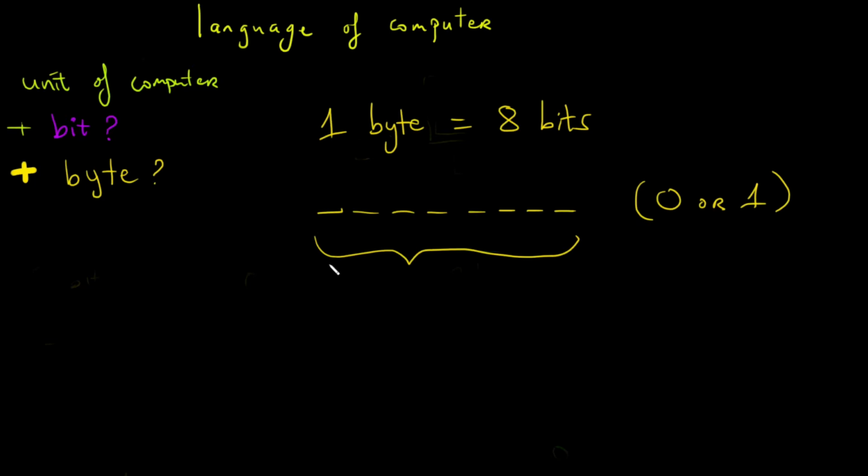So if you have data that has 8 slots or 8 bits, you can say that it's actually 1 byte. That's very simple. This concept is not that hard. But later on, we're going to have a lot of complicated stuff with calculating bits and bytes in a more advanced form. So we're going to talk more about that in the future.